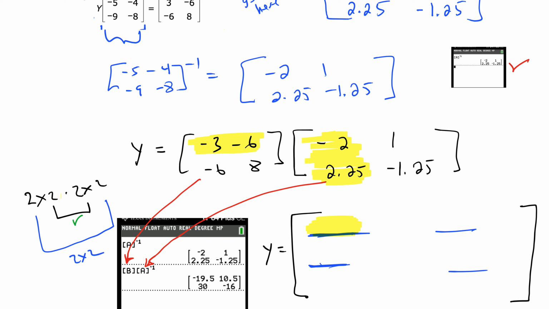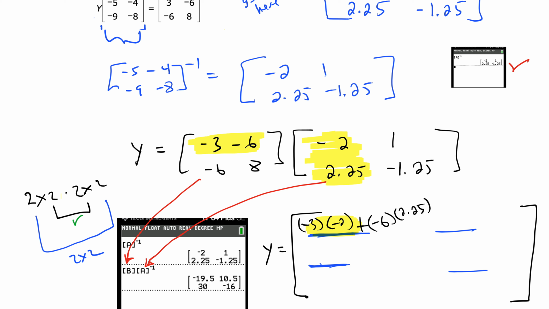So what are we doing here? Give me the work. -3 times -2 plus -6 times 2.25.